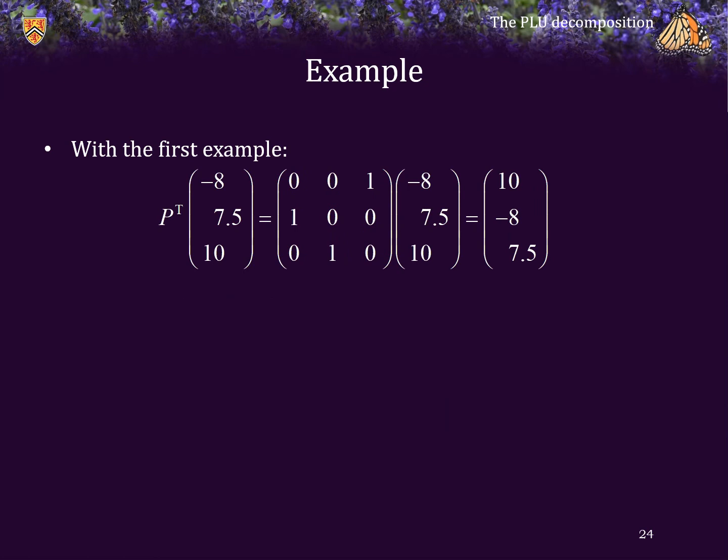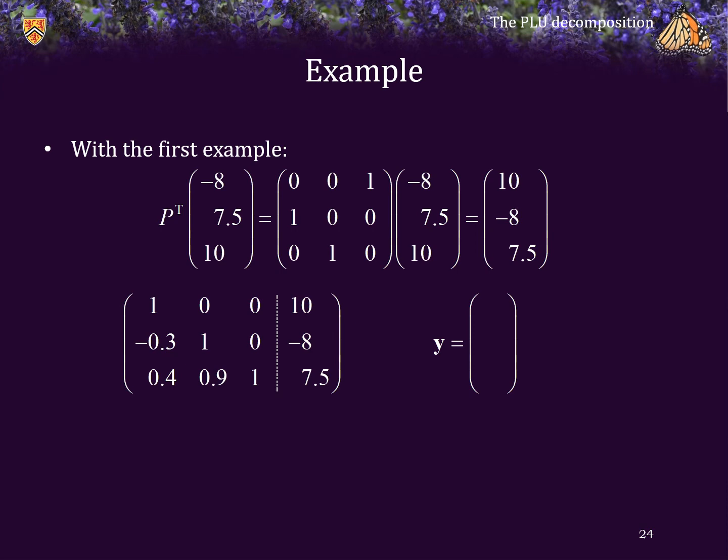All right, starting with the first one, we multiply on the left by the transpose of the permutation matrix, which we have there. And looking at the first row of the permutation matrix, that says that we pick for the first entry the third entry of the original vector, 10. The second entry becomes the first entry, which was -8, and the third entry becomes the second entry of the original vector, which is 7.5.